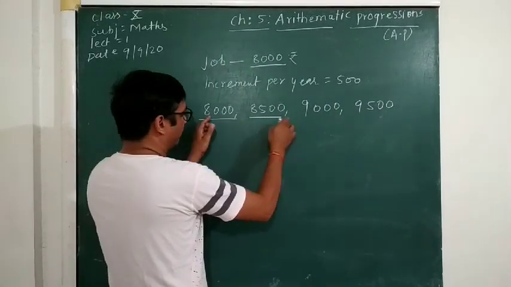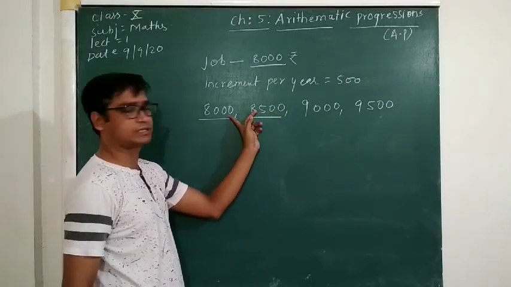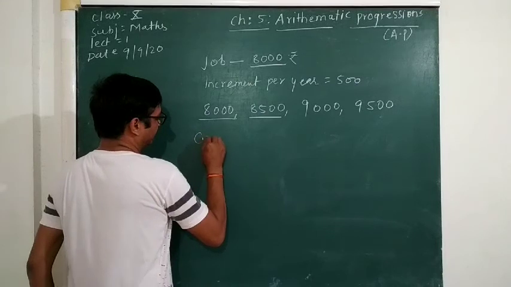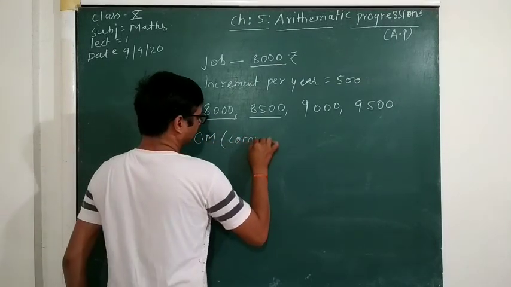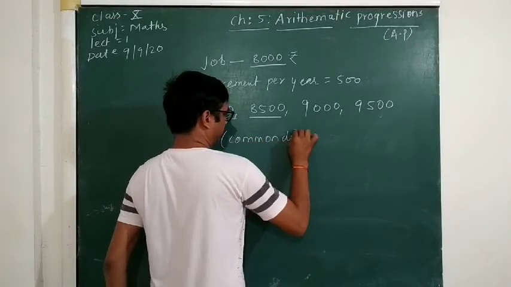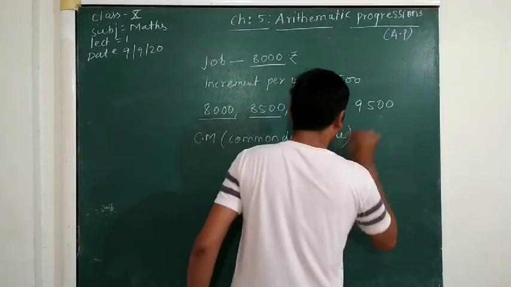The difference we get between the second term and the first term is called the common difference.